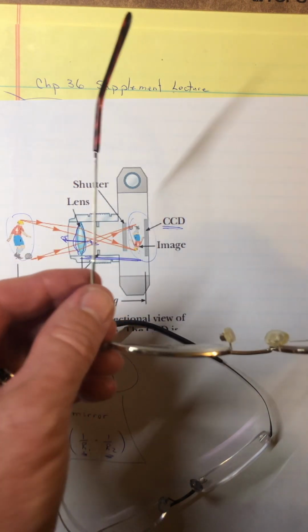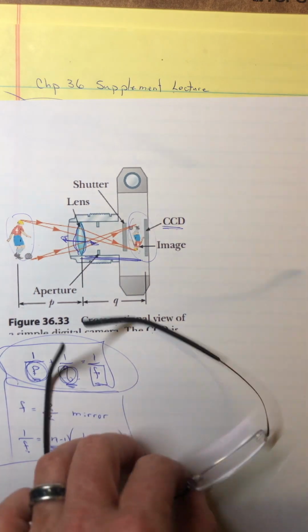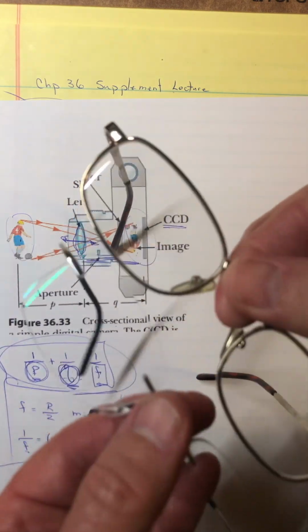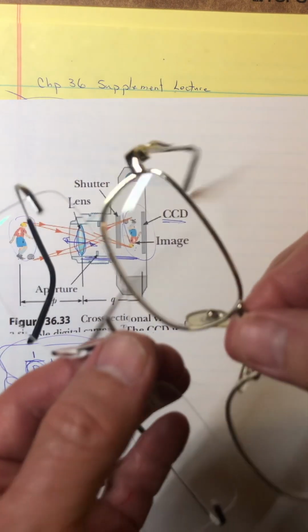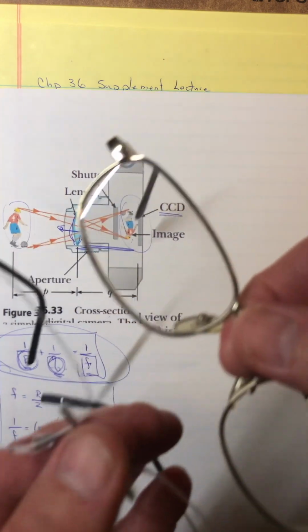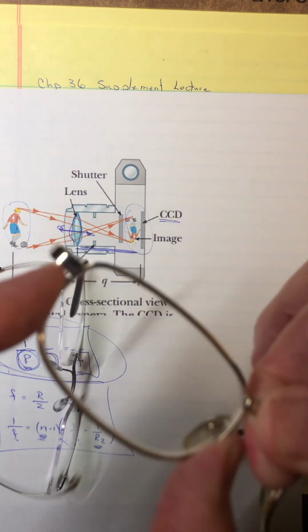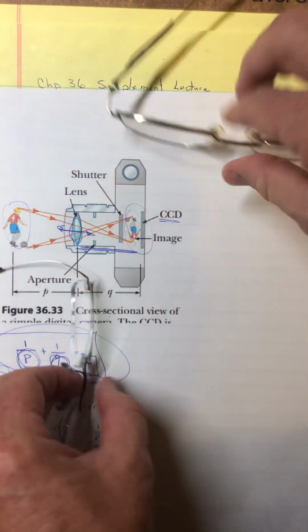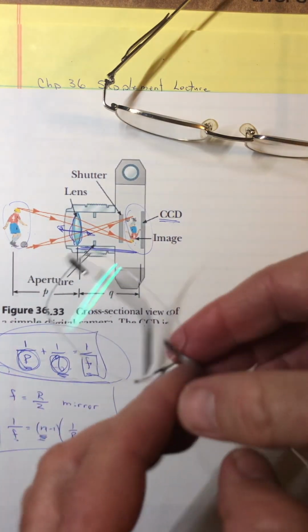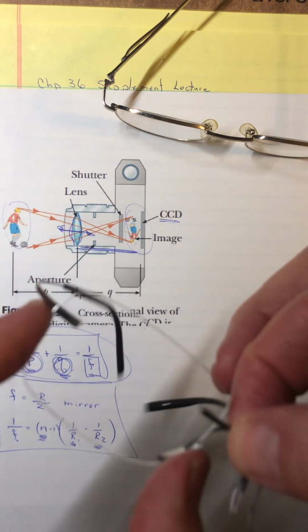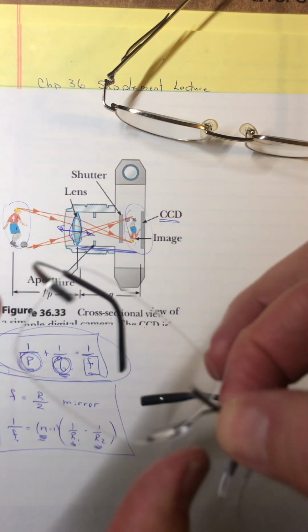Which, by the way, I always find interesting, you can really tell somebody who is farsighted versus nearsighted, especially if they're very farsighted or very nearsighted. Somebody who's farsighted is using a converging lens to correct their vision, and somebody who is nearsighted, like myself, is using a diverging lens.